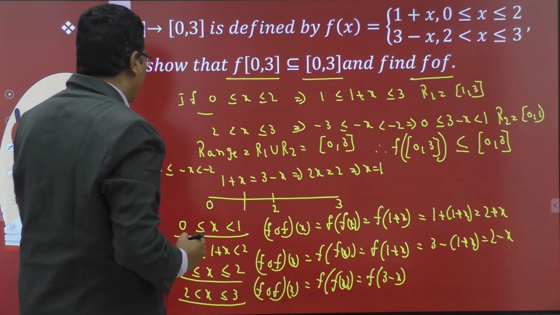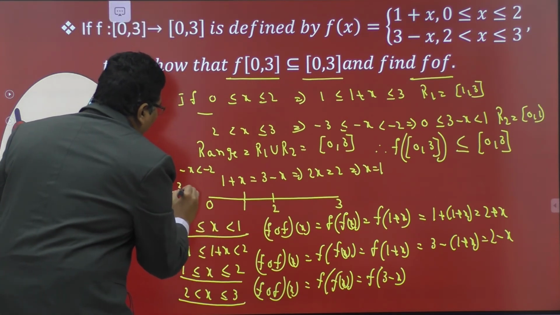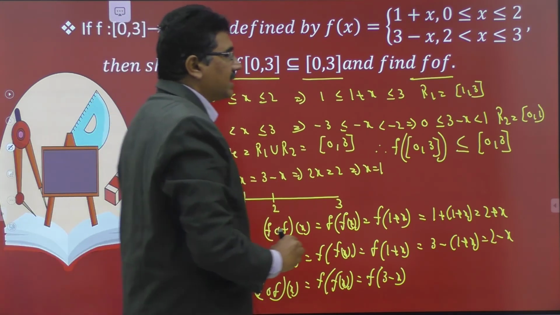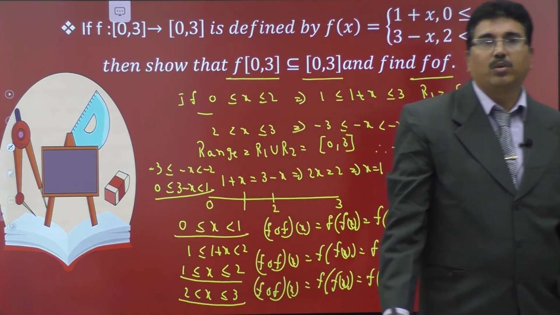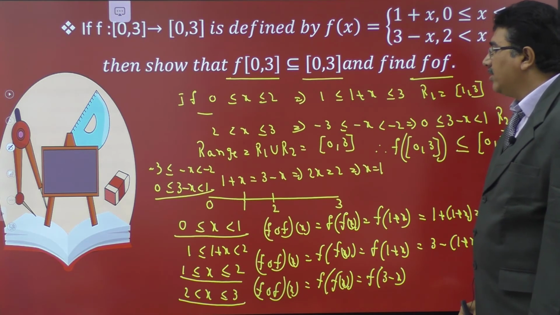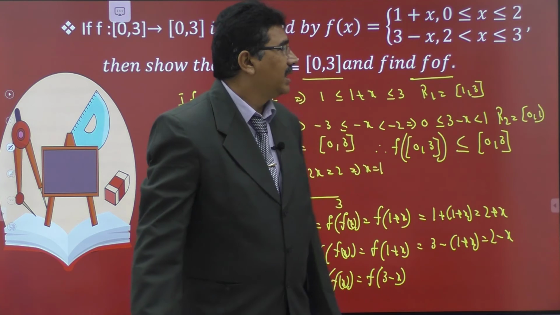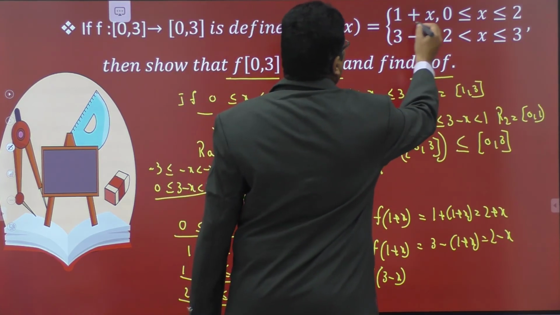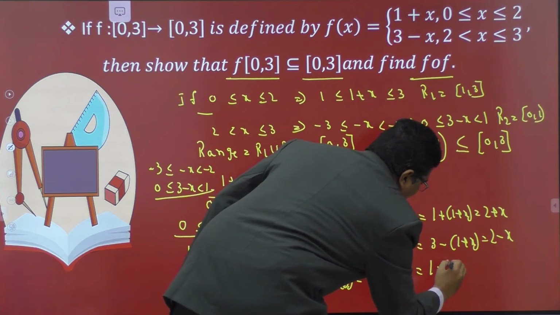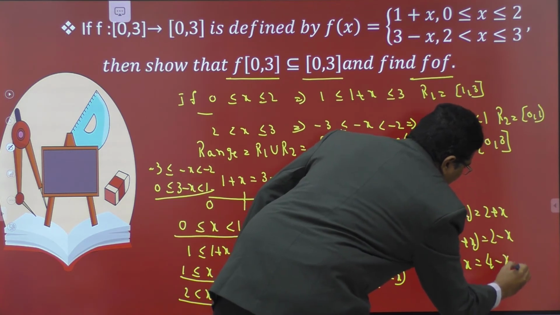Now adding 3 to this, 0 less than or equal to 3 minus x less than 1. Then 3 minus x lies between 0 to 1. In 0 to 1, the image of this function is 1 plus x, that is equal to 1 plus 3 minus x, that is equal to 4 minus x.